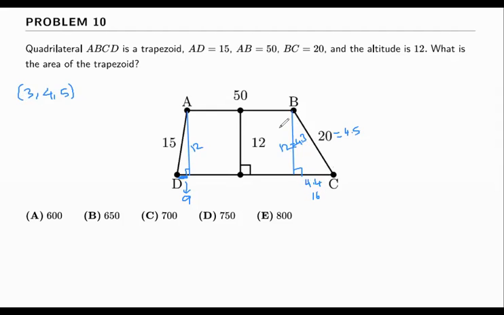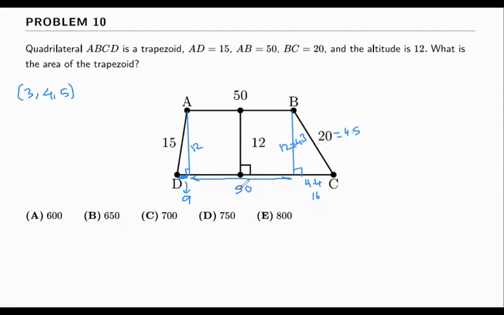So this side is 16, this is 12, this is 20 by Pythagorean triple. Again, if you don't see that, just use the Pythagorean theorem itself. And AB is 50, which means this piece is also 50.